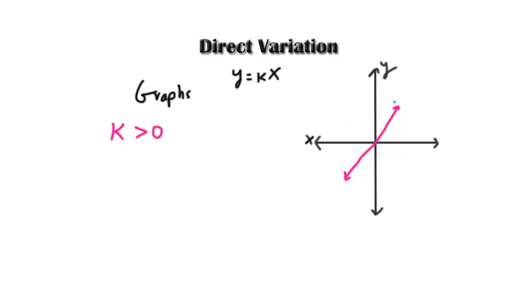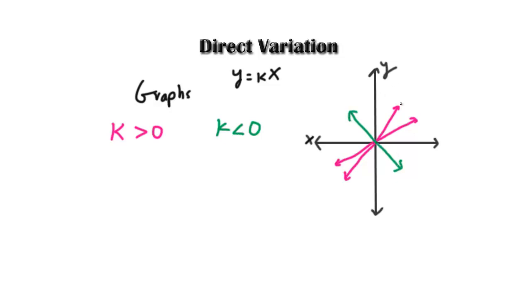So if k is greater than 0, it's going to look something like this. You can have something that looks like that. Okay? And if k is less than 0, it's going to go in the opposite direction. It's going to go something like this.